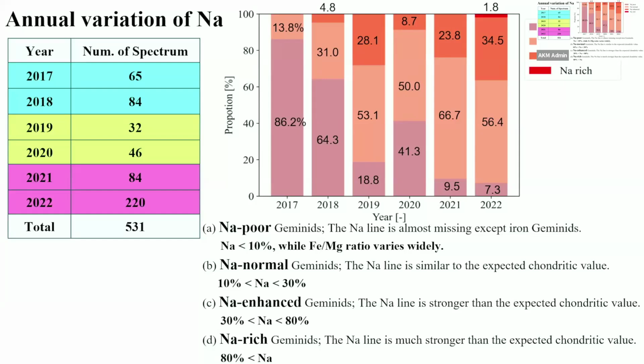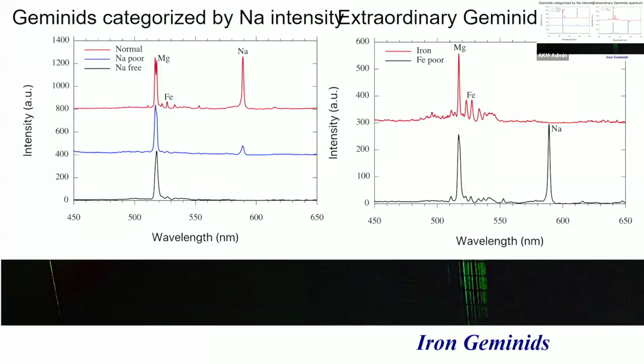Less than 10% is sodium pure. Between 10 and 30% is sodium normal, more than 30% and less than 80% is enhanced, and more than 80% is sodium rich. I will explain in more detail in the next figure, but as you see, sodium pure is getting smaller with increasing year. I will show that in another plot.